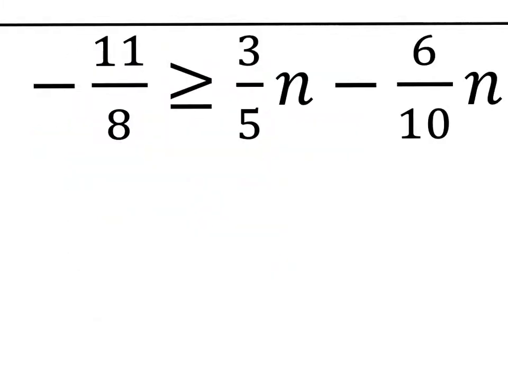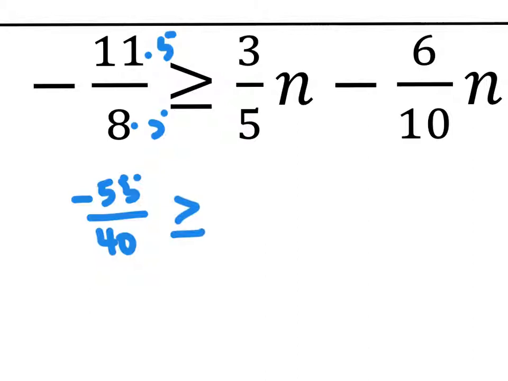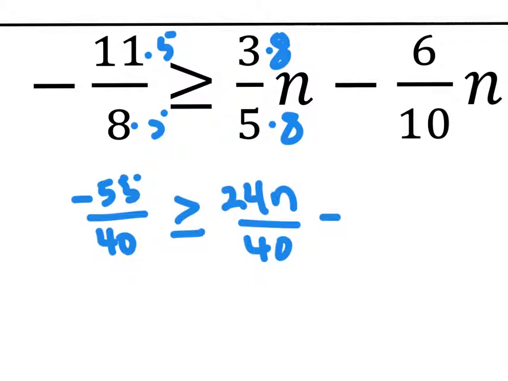All right, last question. We are going to get a common denominator. I'm going to use 40, so I'm going to multiply this top and bottom by 5. We're going to get negative 55 over 40. Greater than or equal to, multiply top and bottom of this one by 8. And we get 24n over 40. Multiply this top and bottom by 4.